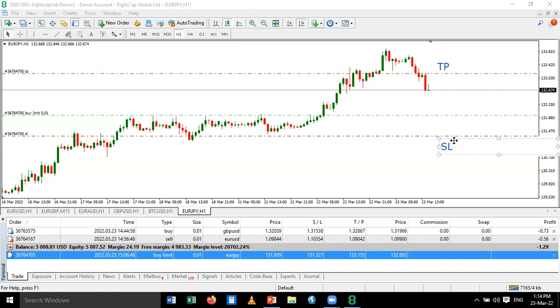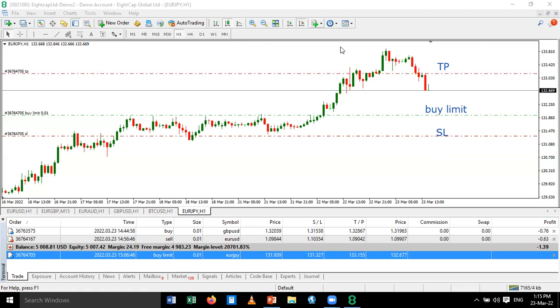Stop loss is here. And here I have buy limits. Buy limit. The order is still pending. It has not been executed yet.